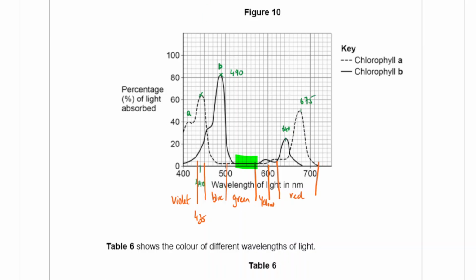Blue light is actually peaking at this point. While at the start of the blue light, the percentage of light absorbed by chlorophyll A is reducing, whereas chlorophyll B is peaking at these points, right? So let's go back to the question.